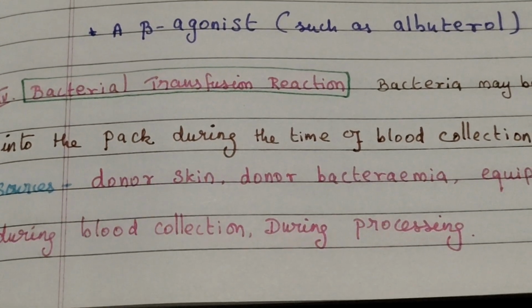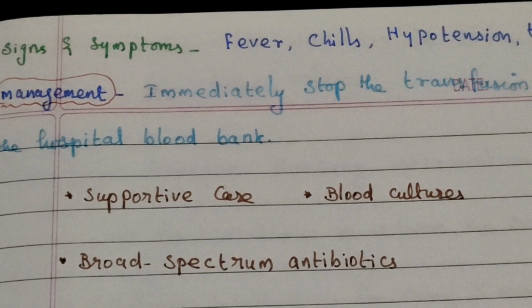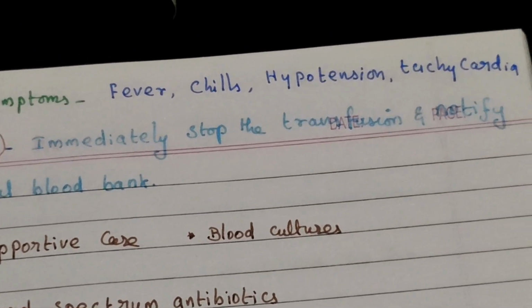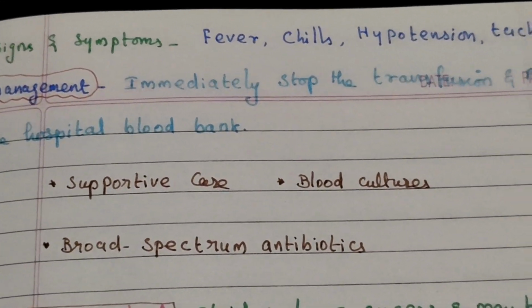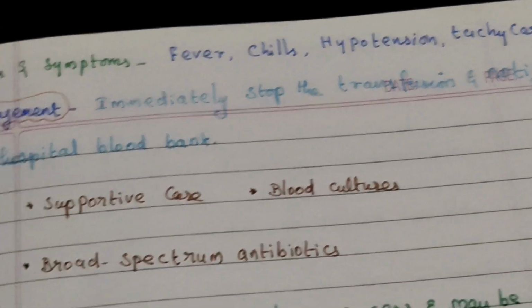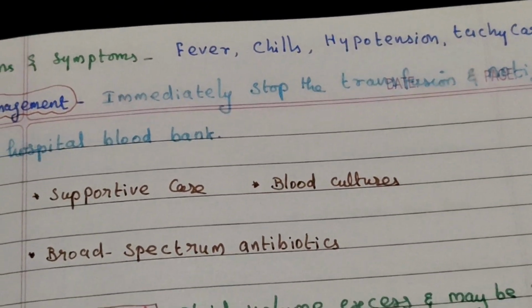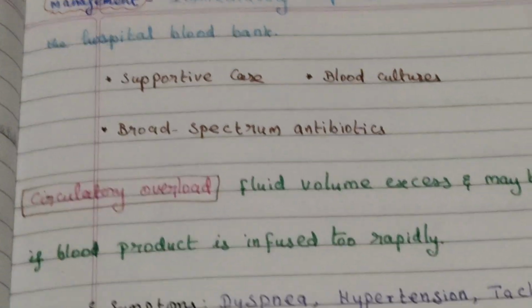What are the signs and symptoms? Fever, chills, hypotension, tachycardia. Then management: immediately stop the transfusion and notify the hospital blood bank. Then supportive care, then blood culture, then broad spectrum antibiotics.